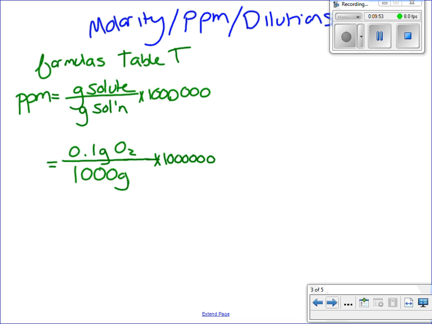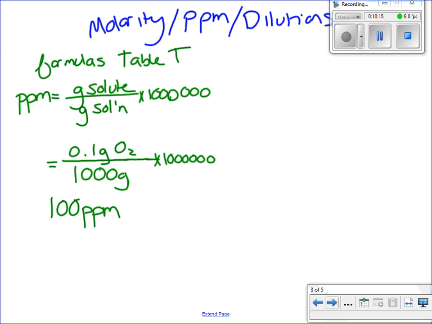Okay, plug this into your calculator, and you should get an answer. Make sure your answer makes sense. We've had a lot of weird algebra stuff going on recently, so just double check it. And then my answer is 100 parts per million. That's 100 of a million parts, 100 of them are due to the dissolved oxygen.